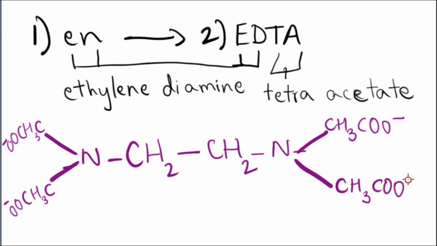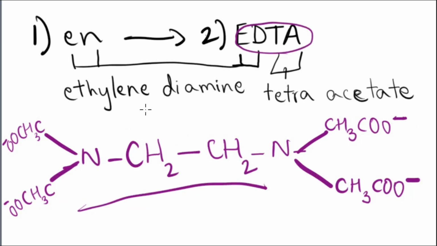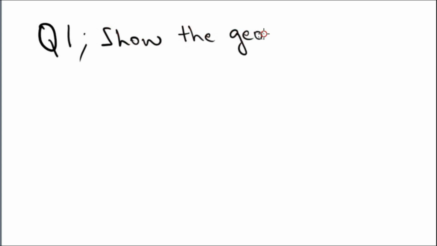I think that's it for this lesson and for coordination compounds in general. Now we come to your favorite part of my videos, which is the homework. I will give you 2 questions for today, and I'll answer them in my next video. The first question will be about geometric isomers. I will give you a coordination compound and you have to draw both the cis and the trans version of this isomer.